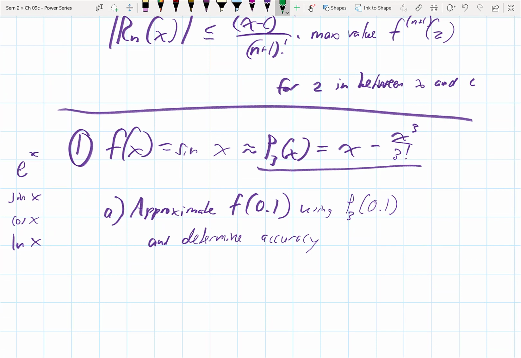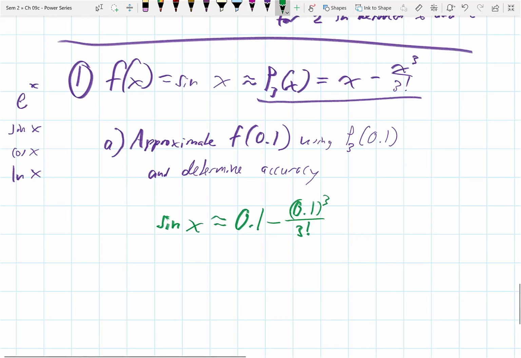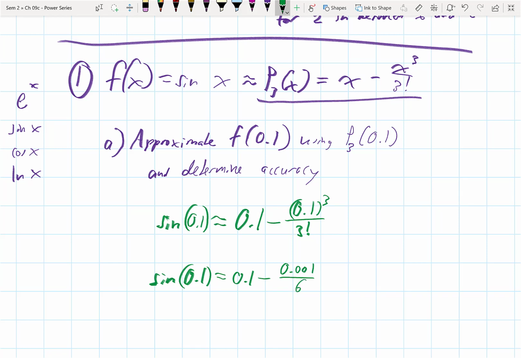I know that sine of x is about x minus x cubed over 3 factorial, which means that sine of 0.1 is about 0.1 minus 0.001 over 6. If I get a decimal approximation for that, this is about 0.099833.